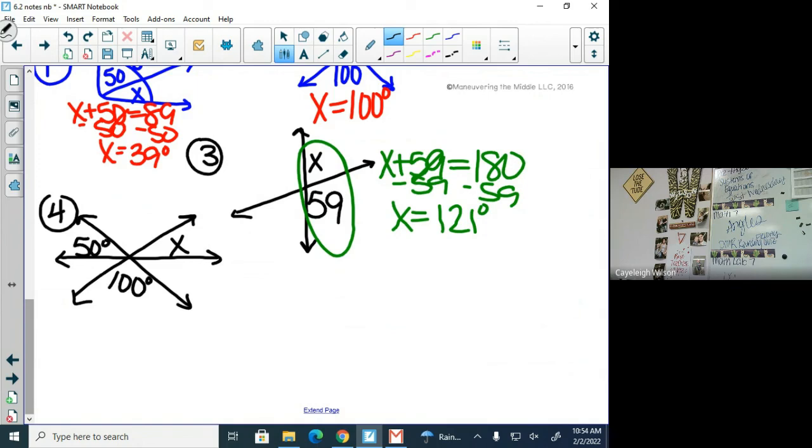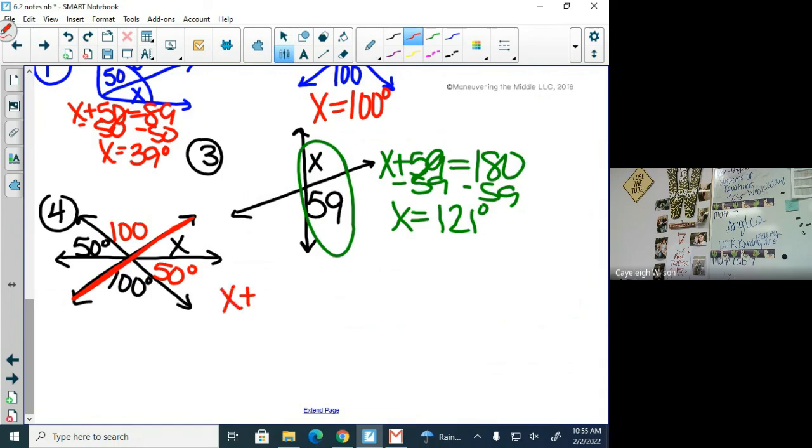All right, so look at the vertical. This one's 100, so this one must be 100. This one's 50, so this one must be 50. These I don't know. But if you look at them, all three of these are on the same line, so they must be supplementary, which means when I add them together, they must equal 180.